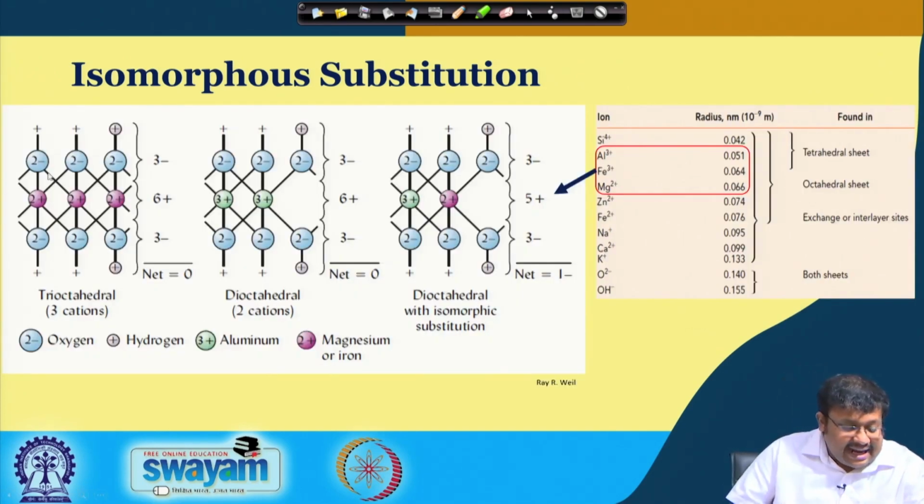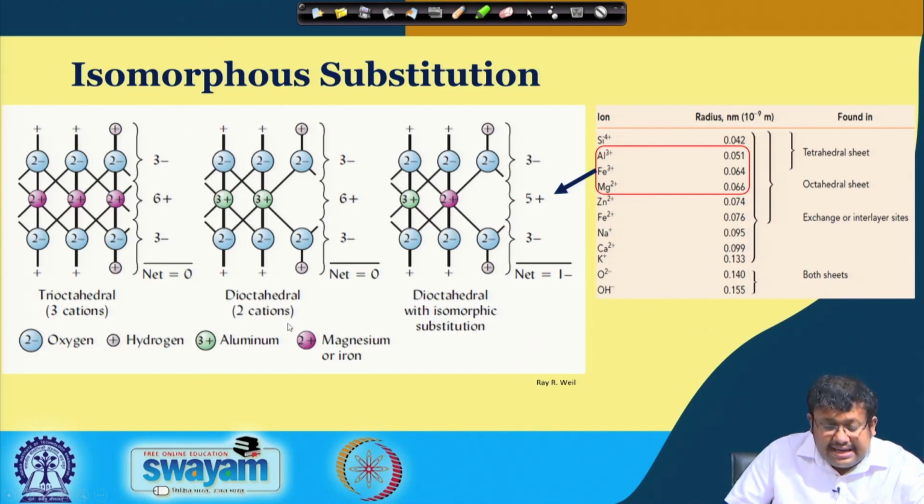As you can see, this is a trioctahedral structure, where, for example, let us consider this is a magnesium with 2 valency. So, 3 magnesium will satisfy all the 6 anions, and so producing a net negative charge. All 6 anions are basically, as you can see, 3 negative here, 3 negative here. So, 6 negative and 6 positive from 3 cations.